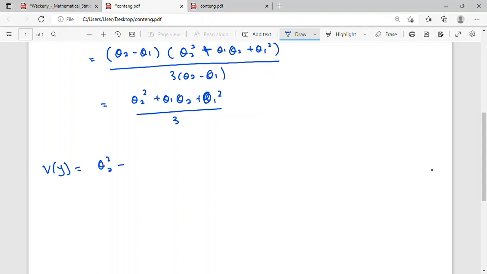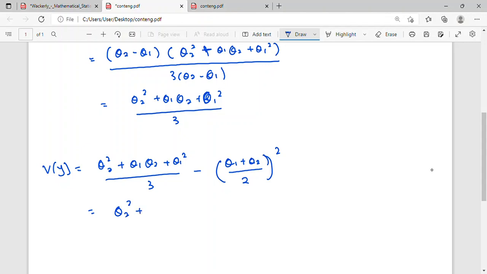Okay, so we can continue to find the variance of Y, which is the expectation of Y square minus dengan mean square. Mean ni tadi kan theta 1 plus theta 2 divided by 2, all of things square. Okay, this part is mean square. So kita akan dapat this part lah, divide 3, yeah.